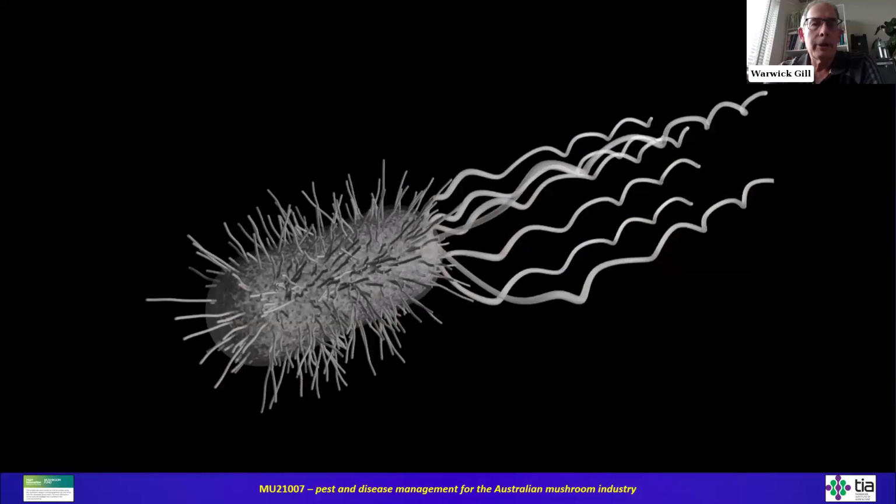Bacteria are much smaller than our fungus. They consist of a single cell. They have a form of movement, so that a flagellum will just rotate and push the bacterium along in a film of water. Of course, mushroom farms are very wet, and there's a lot of water around, and often the pathogenic bacteria are flagellate, so they can swim around in the film of water.